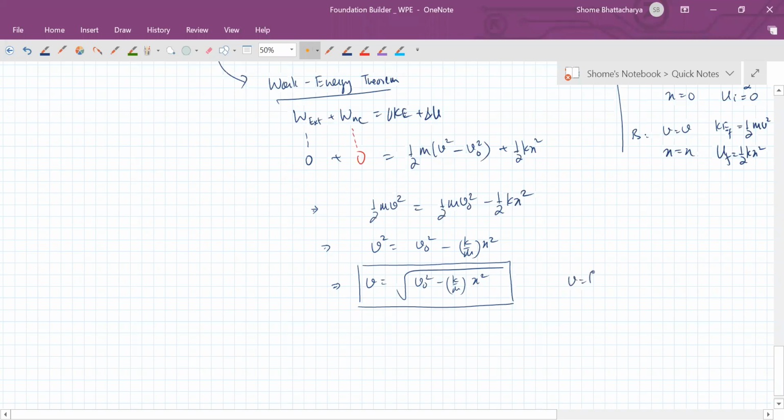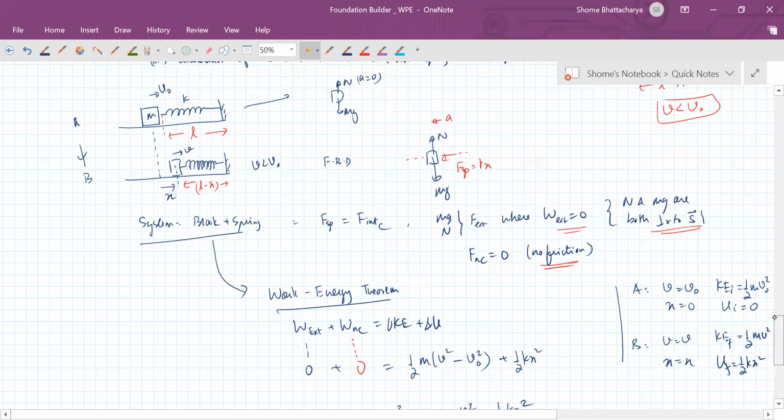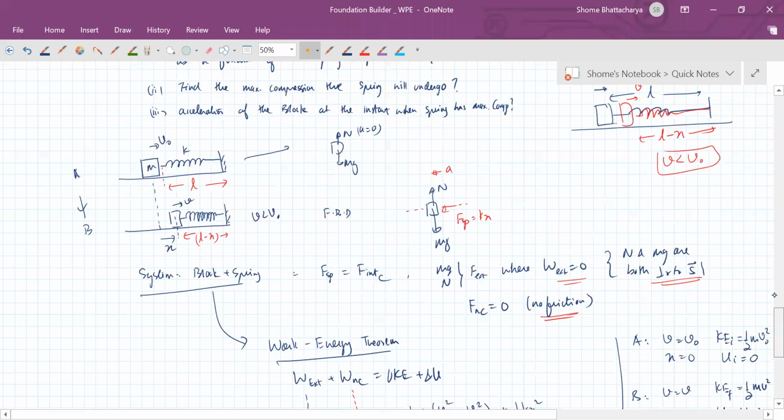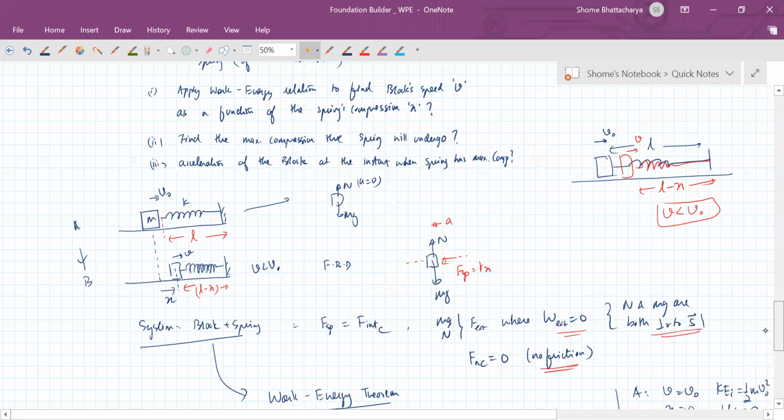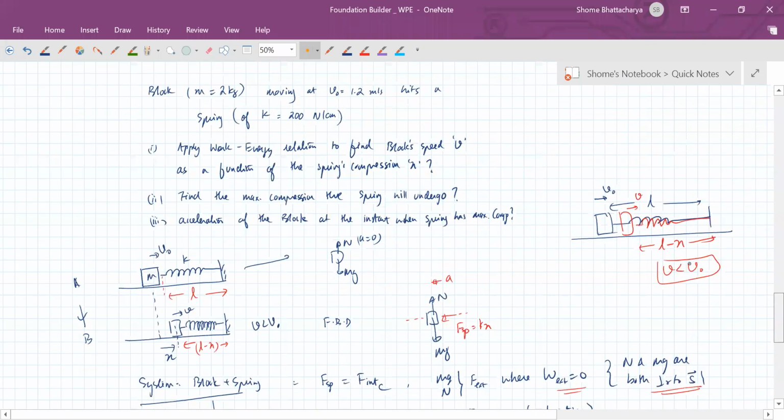This is the speed as a function of x, where our v naught was 1.2 meters per second, mass was 2 kg, and k was 200 newtons per centimeter.